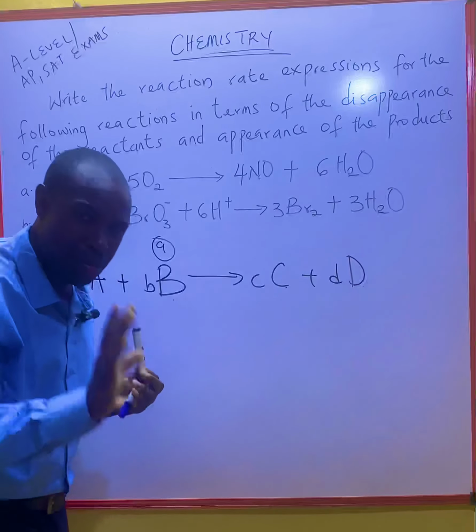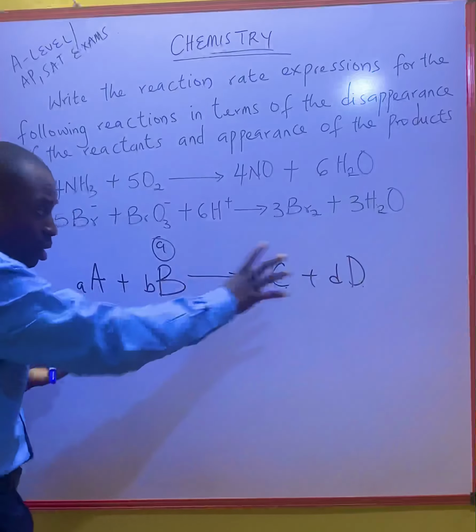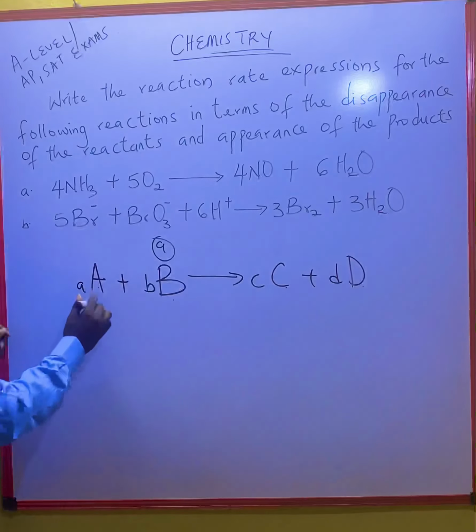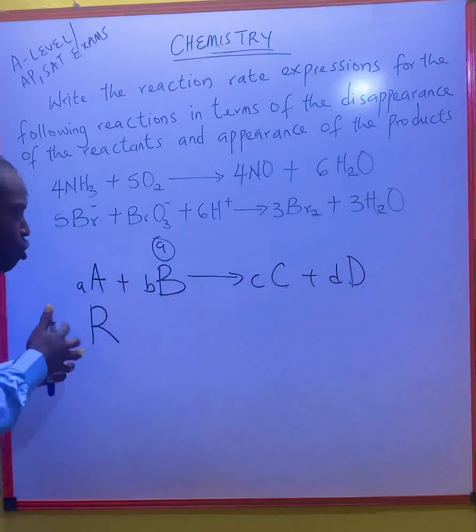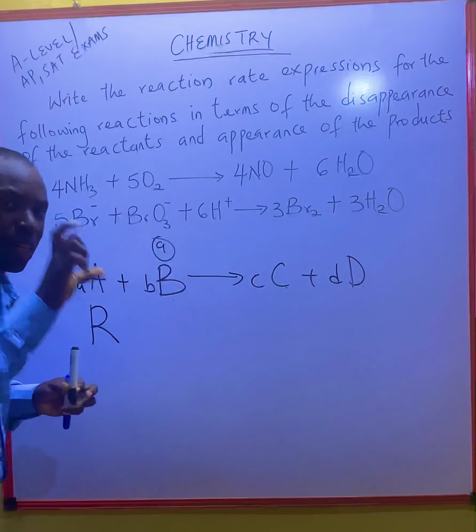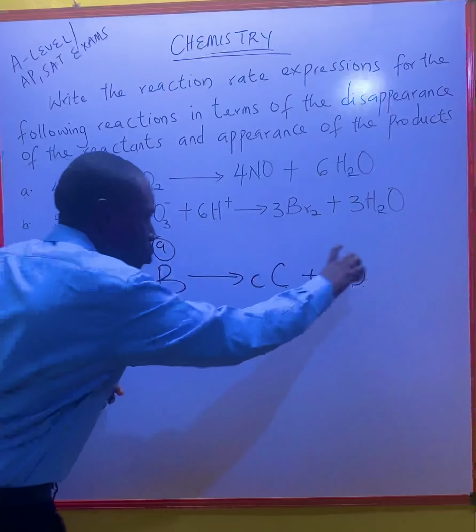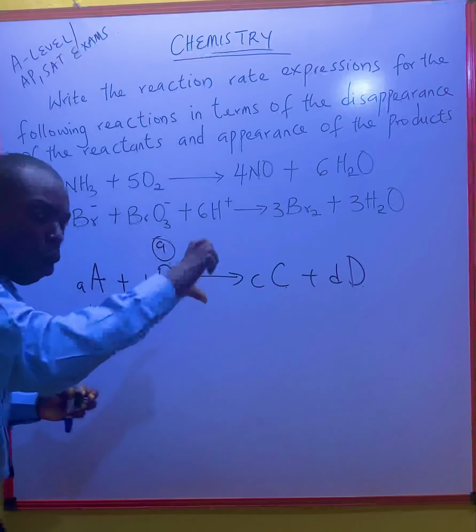Be calm and still to look at the procedure here. Now, if I have to write the rate of this reaction, what are the basic steps? The first step is you have to write the rate of the reaction of each of the components of this reaction.